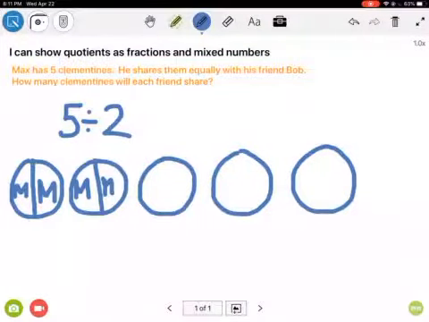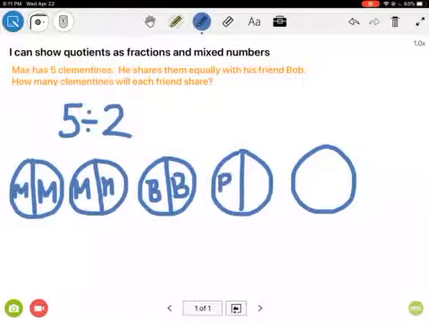Okay. Then, let's see here. We're going to give Bob a clementine. Bob a clementine. So they each get 2 whole clementines. Max gets 2, Bob gets 2.